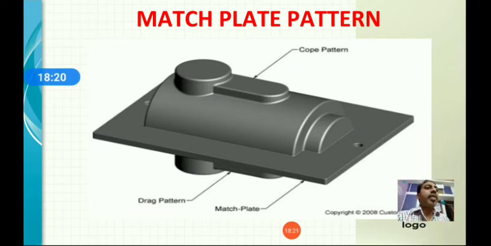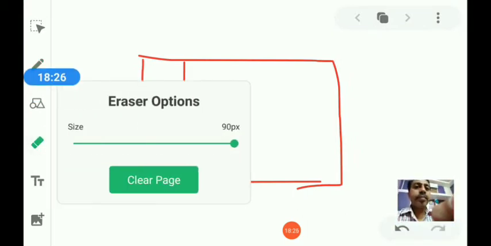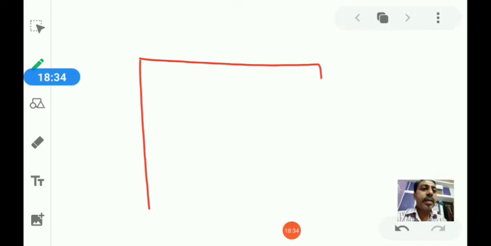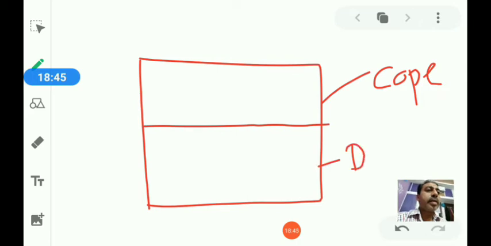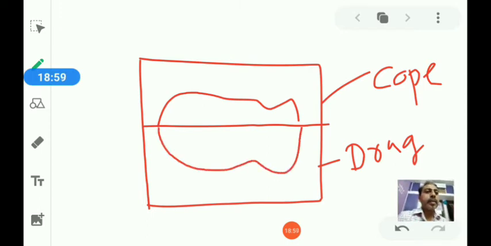In split pattern what happens? See, in split pattern, suppose this is our flask. Okay, this is cop and this is drag, and this is our product. Suppose this is our product.